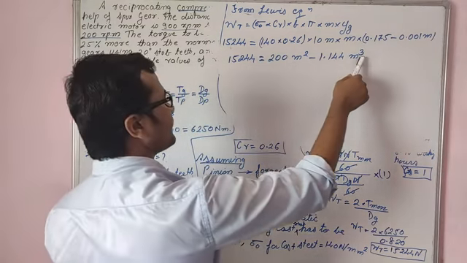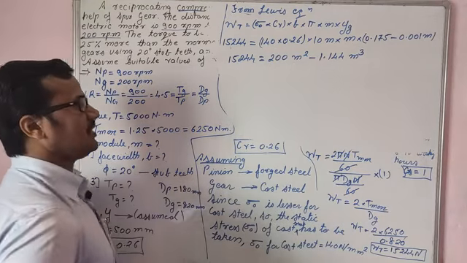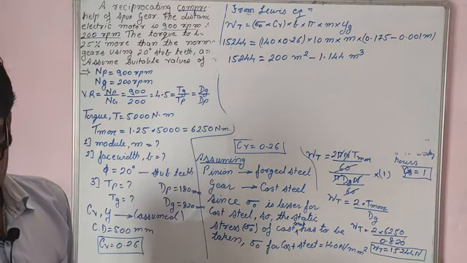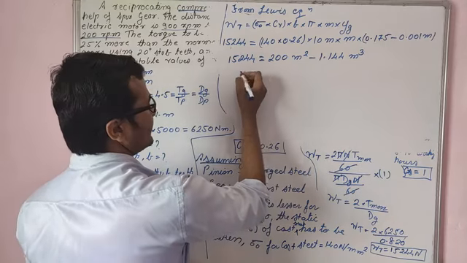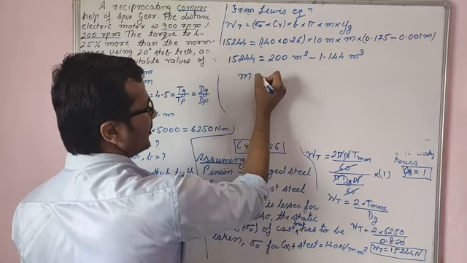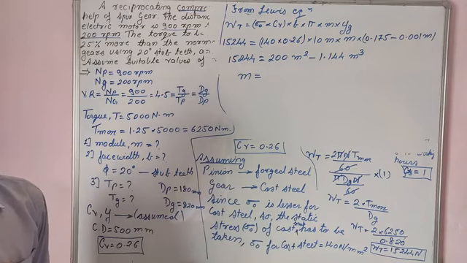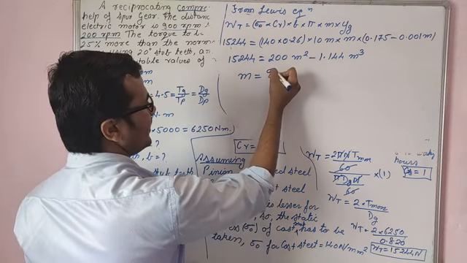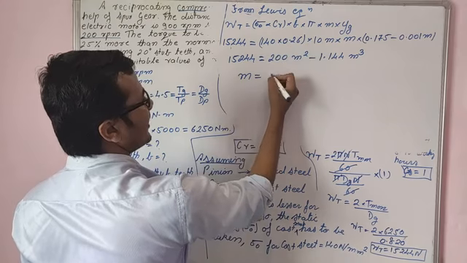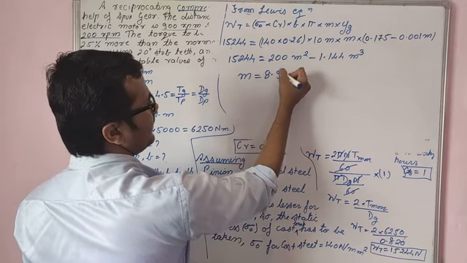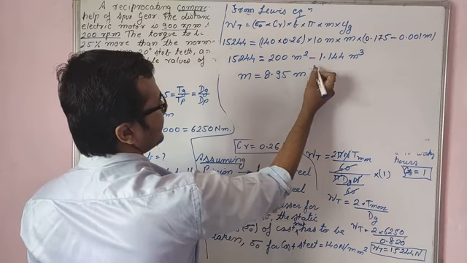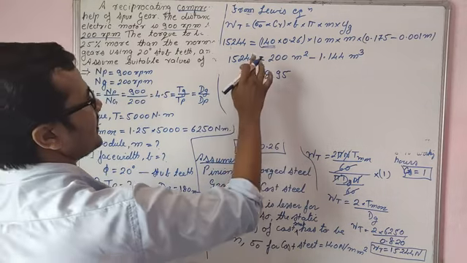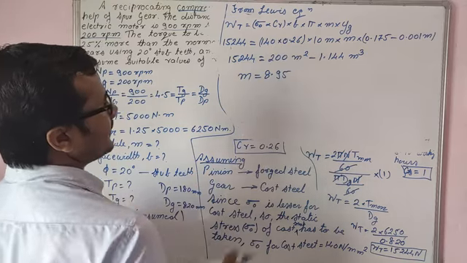So this is a cubic equation, and when we solve it using a scientific calculator in equation mode, we get the value of m, that is module, equal to 8.95 mm. Remember, we substituted in meter square, so this value should be in mm.